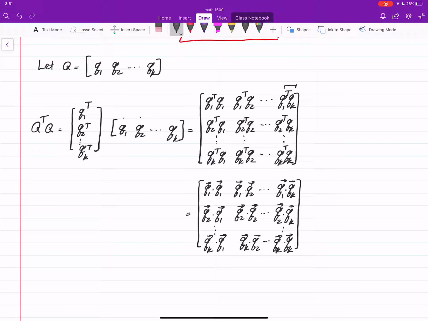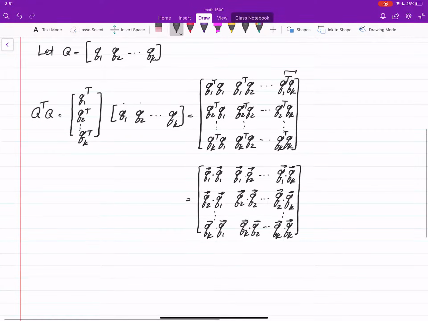If you look at the entries of this matrix, you notice that this basically finds all the possible dot products of any two vectors chosen from the set of the columns.